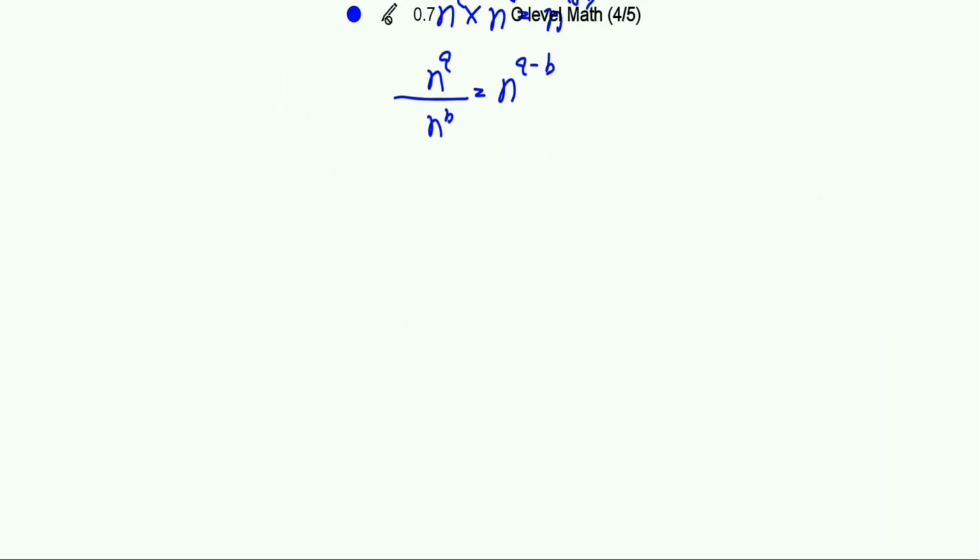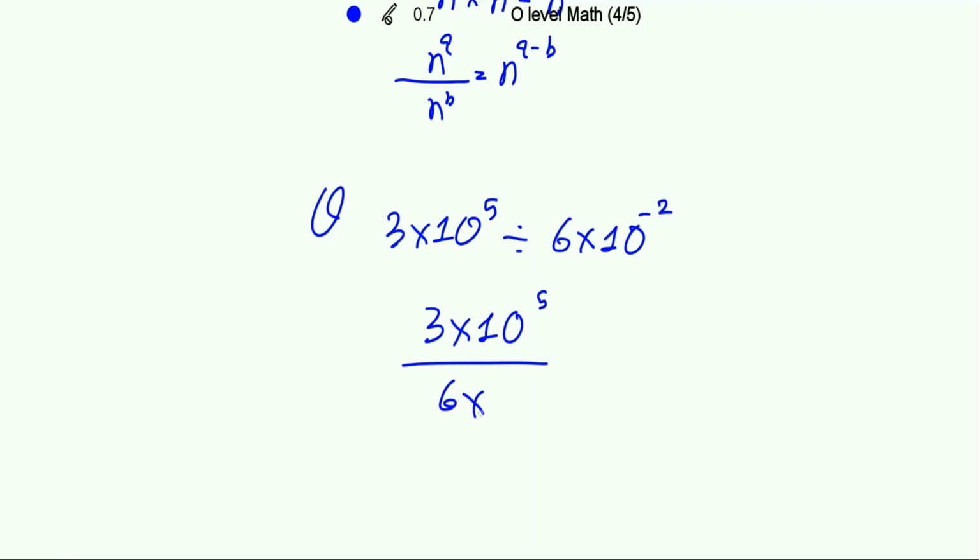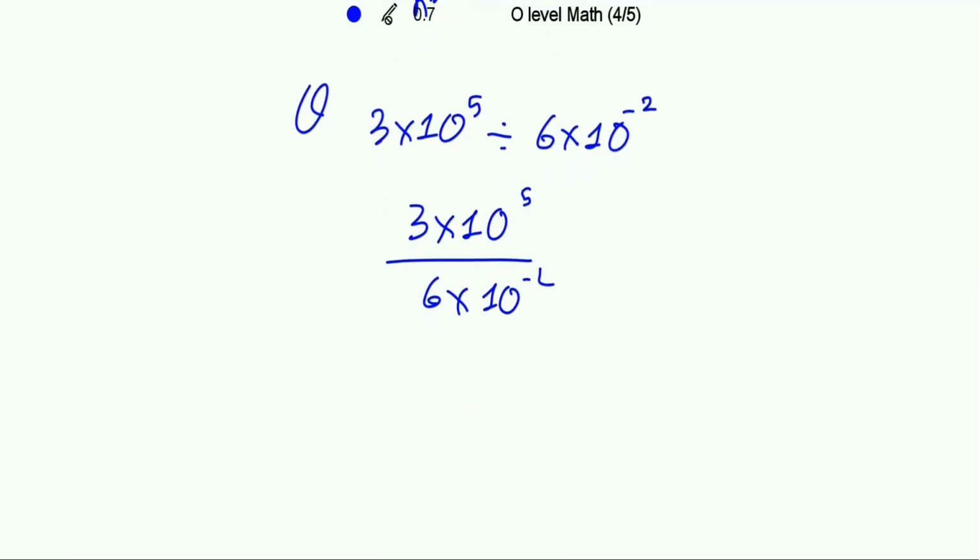Let's say that I have this question: solve this and find the answer in standard deviation. So 3 multiplied by 10 of power 5 upon 6 multiplied by 10 of power minus 2. So it's going to be 3 upon 6 multiplied by 10 of power 5 minus minus 2, so it's going to be plus 2.